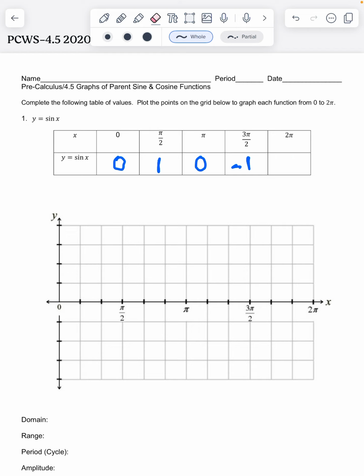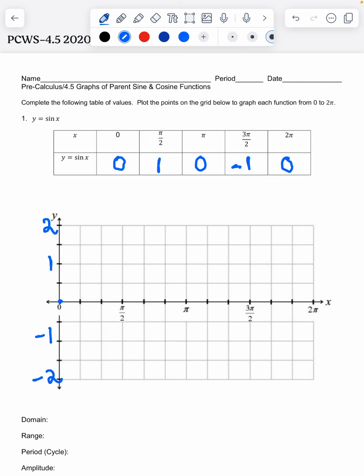And so what you need to know is that one cycle of the sine function is going to occur in 2 pi radians. So at 0, we're at 0. Then at pi over 2, I'm going to make 2 blocks equivalent to 1 unit.